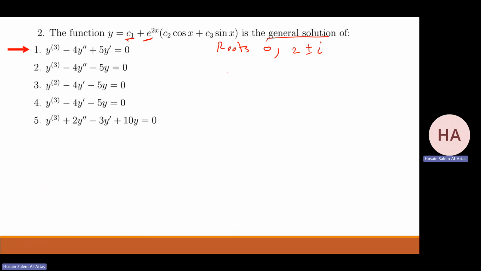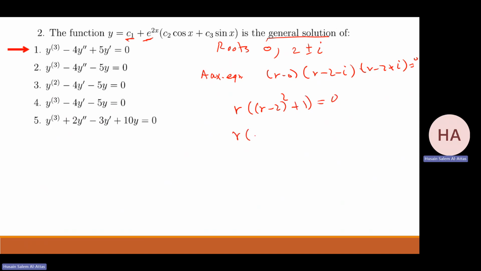So what will be the equation, or the auxiliary equation first? Let me do the auxiliary equation. That will be r minus 0, r minus (2 minus i), r minus (2 plus i) equals 0. So you have r, and (r minus 2) squared minus i squared, plus 1 equals 0.